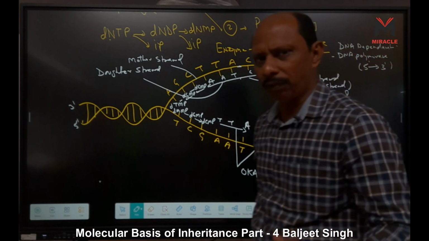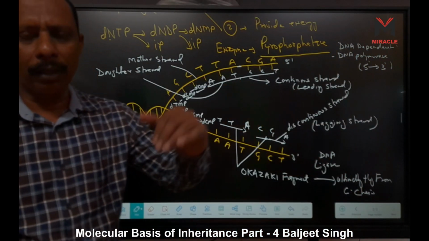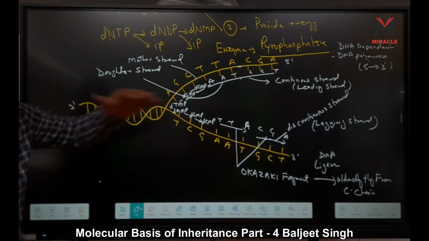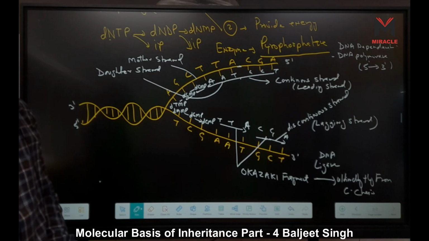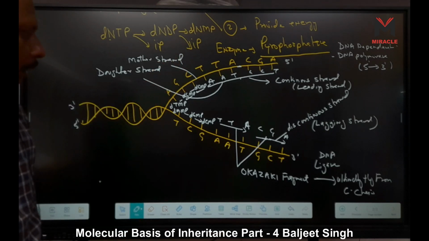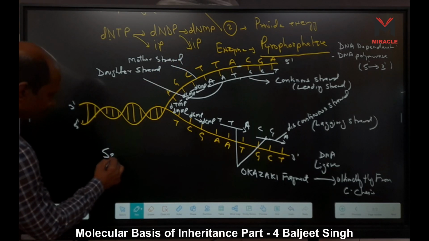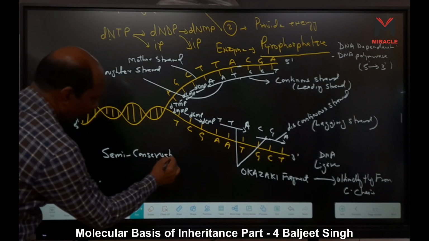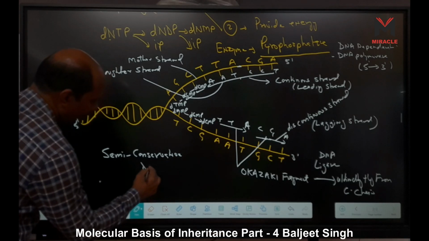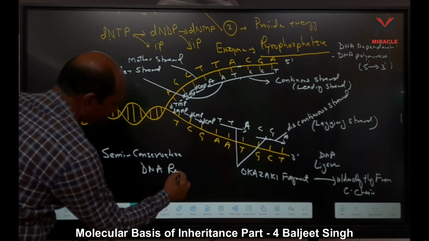Only one strand is newly formed, the other strand comes from the mother strand. That means this is not conservative, this is semi-conservative replication, right? So this is called semi-conservative DNA replication.